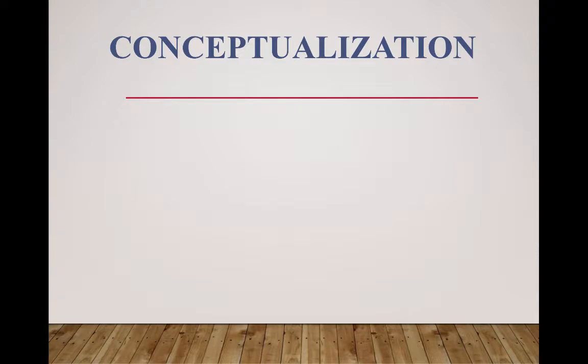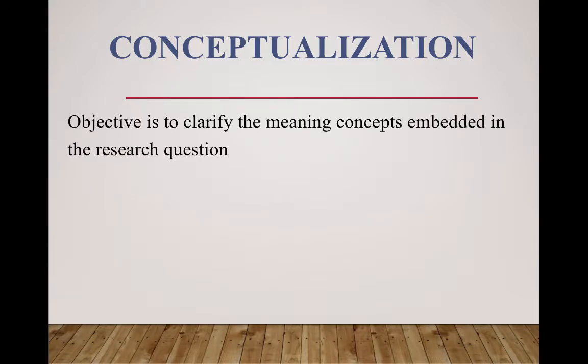All right, with conceptualization, the objective is to clarify the meanings of concepts that are embedded in the research question. With words or examples, you're going to clarify what it is that you're looking at conceptually and theoretically. This clarification may occur by defining the theoretical meanings of the concept, by distinguishing the concept from similar concepts, and by identifying different dimensions of the concepts you're using.